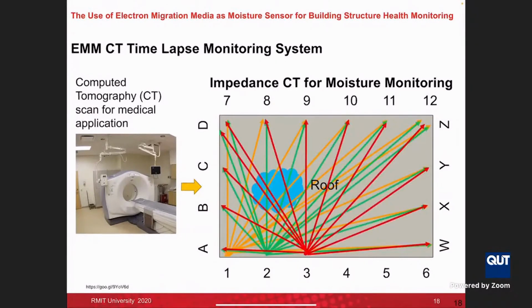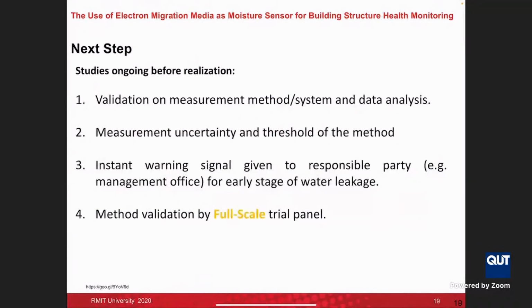When we do a progressive scan along all the channels, we can have a mesh, and then we can use the computerized tomography idea to locate the moisture. So that's the whole idea of the EMM. Up to this moment, we found that the result is quite promising.